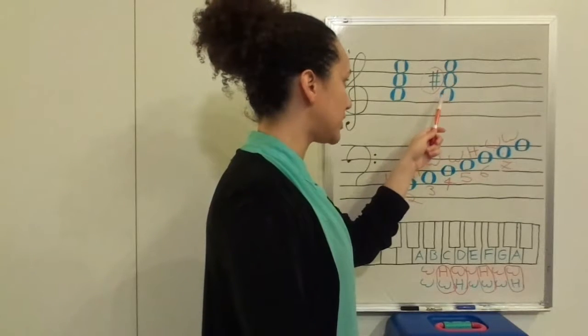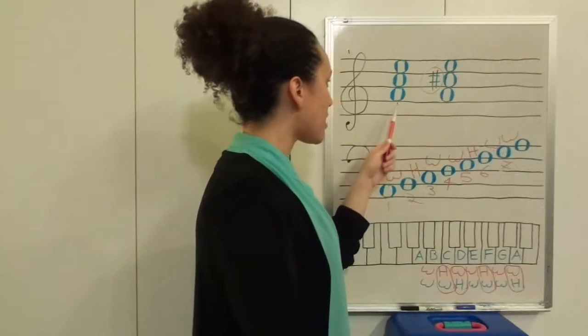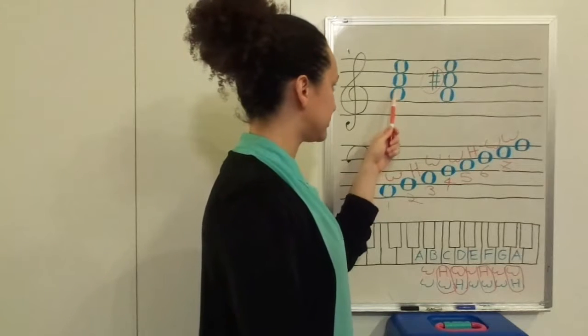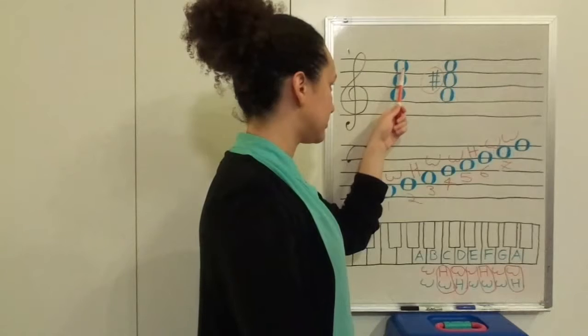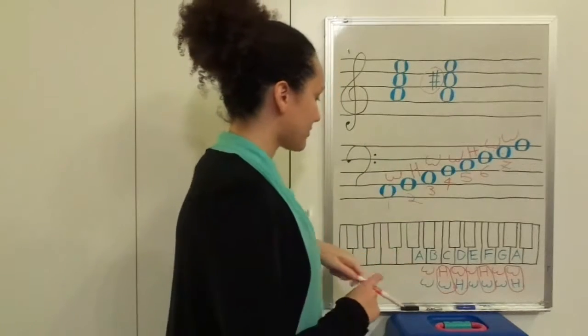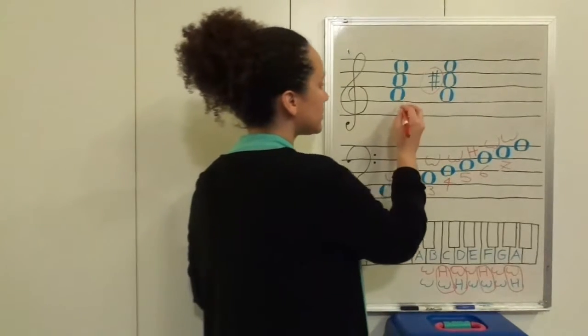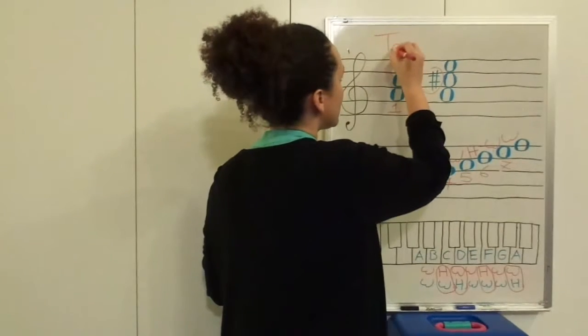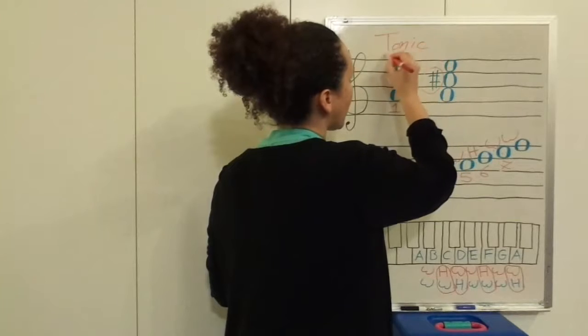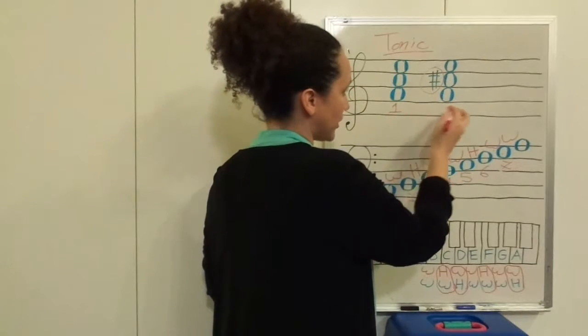And I'll play them individually. And our minor chord. And there we are. So here, that is our one chord, or you can also call it the tonic if you want. That's our one chord.